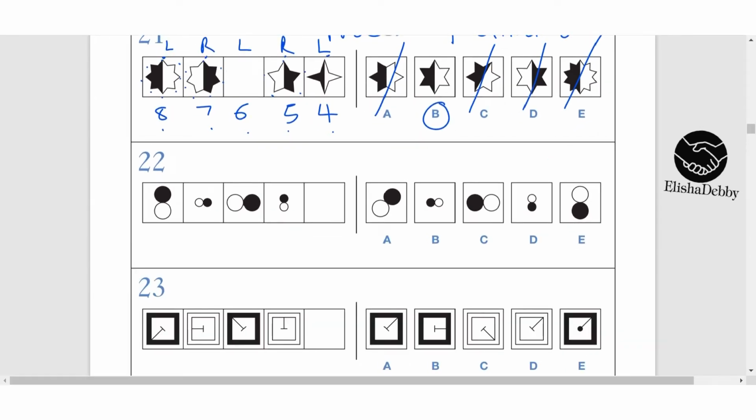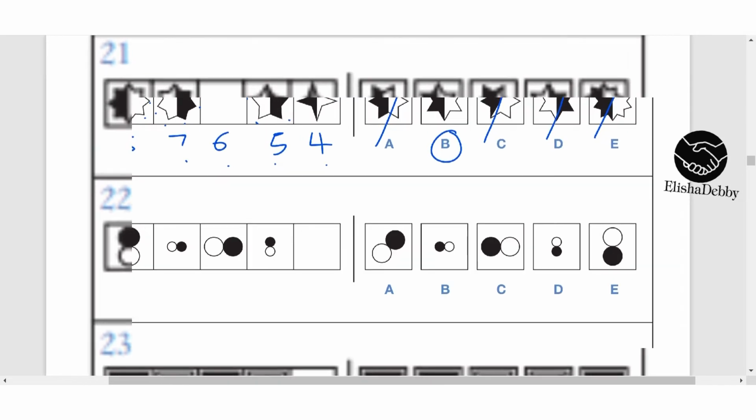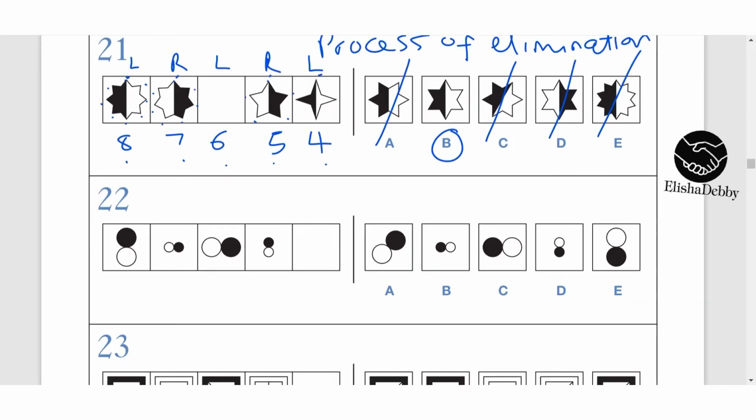Number 22. Let's see what is different here. Okay, so we can see this is a big circle, a black circle, then a small circle, then a big circle. Two big circles here, two small circles there, two big circles here, two small circles there.